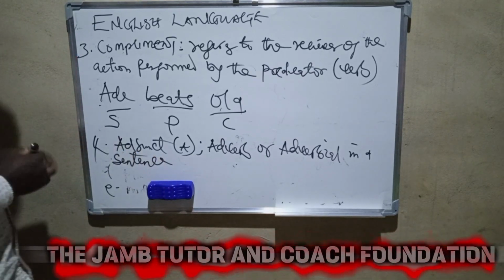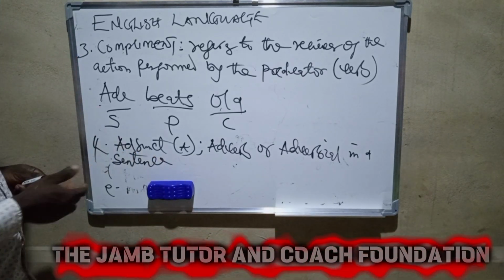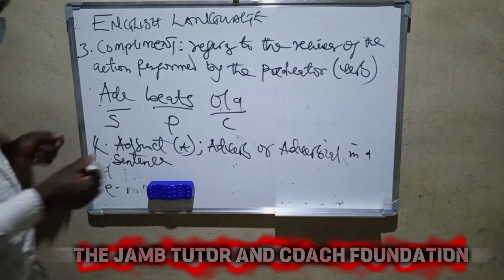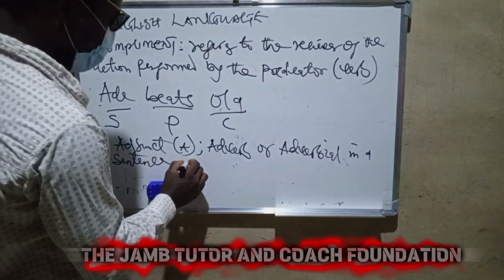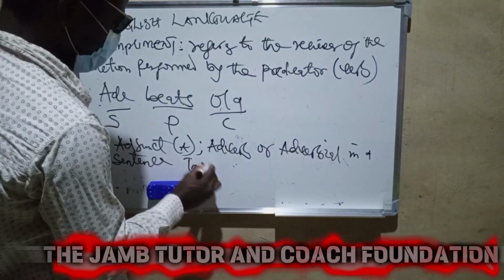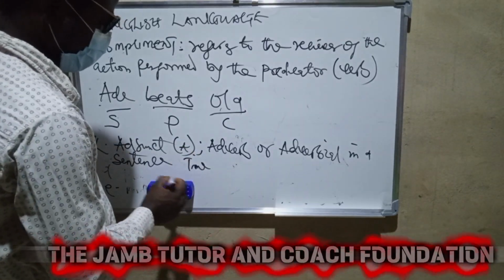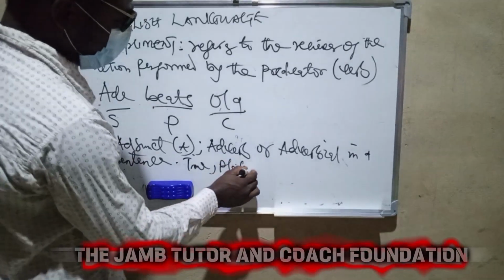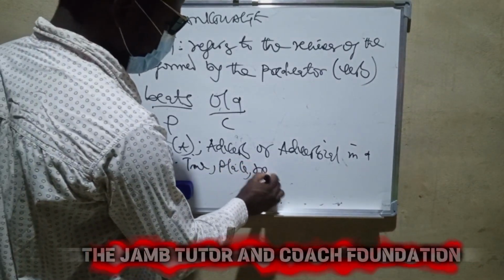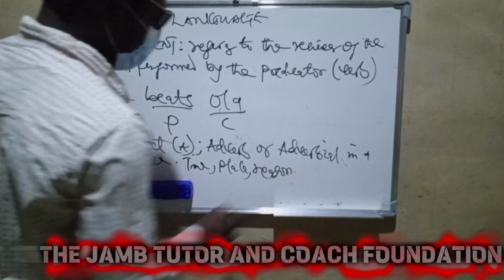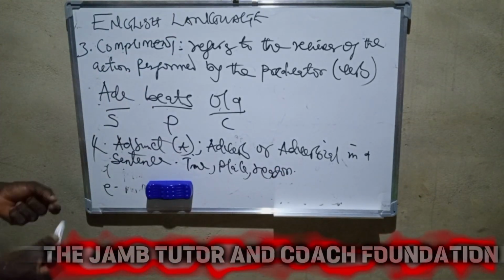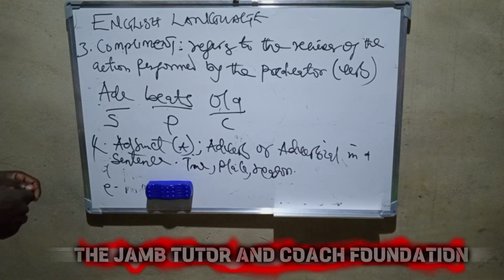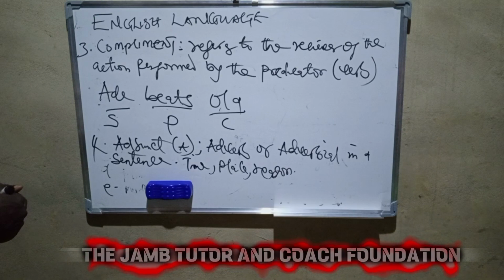So we know that adverb tells us more about the verb. For instance, it tells us the time an action takes place, the place the action takes place, the reason. Okay, so the adverb tells us a whole lot of things about what? The verb.